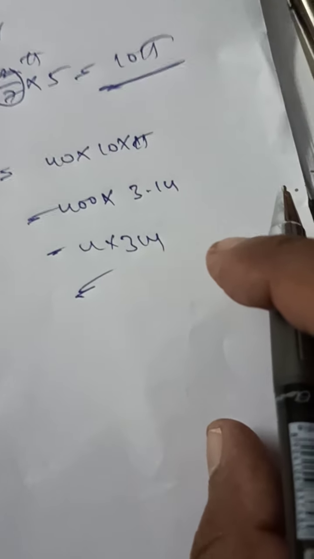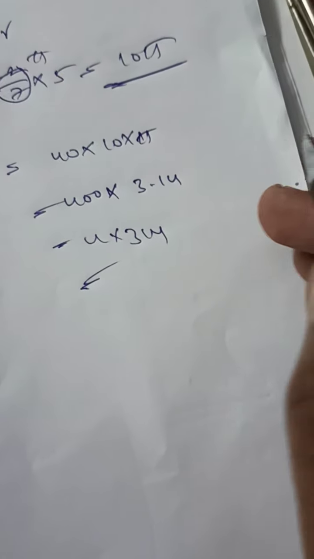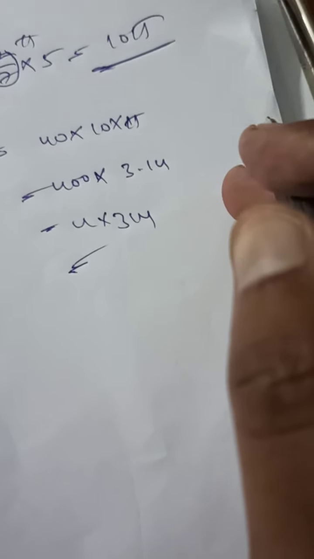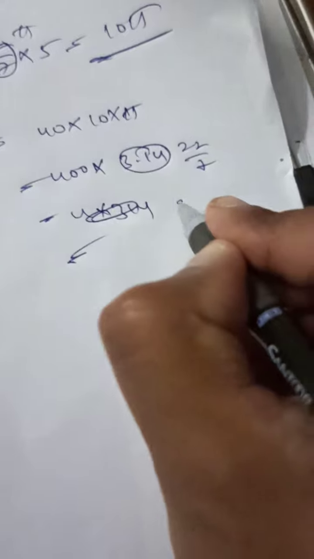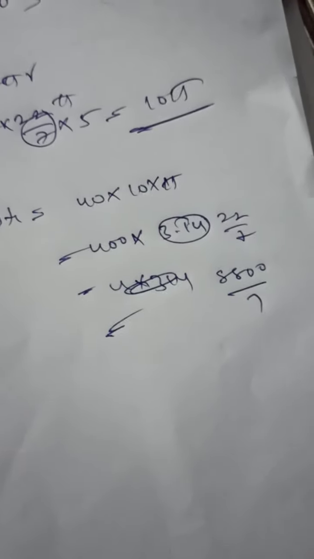It's only approximate, otherwise you can make this 22 by 7. So now it will become 8800 by 7. Am I right? Yes, 22 fours are 88.